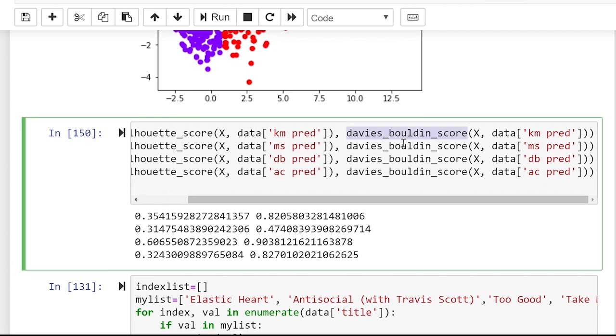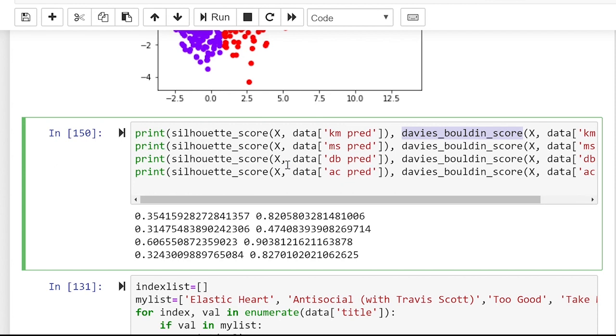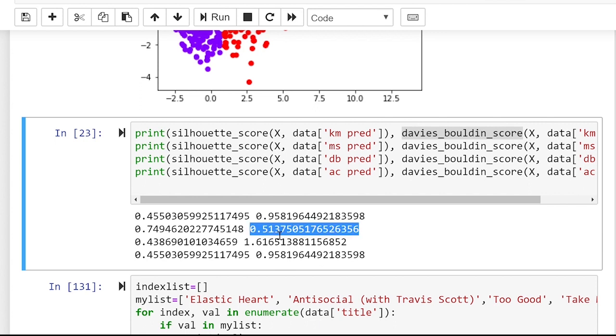The Davies-Bouldin score is another metric that considers the variance, so the lower the Davies-Bouldin score is, the better the algorithm. Let's run this. Alright, this is the lowest Davies-Bouldin score, and again this is the highest silhouette score, which is mean shift.